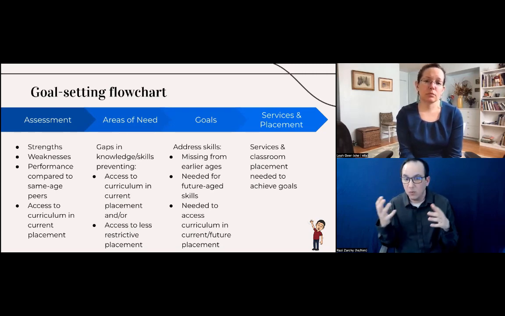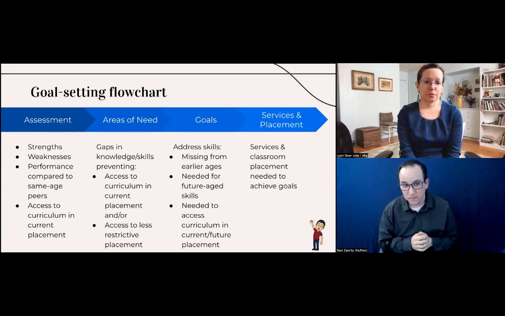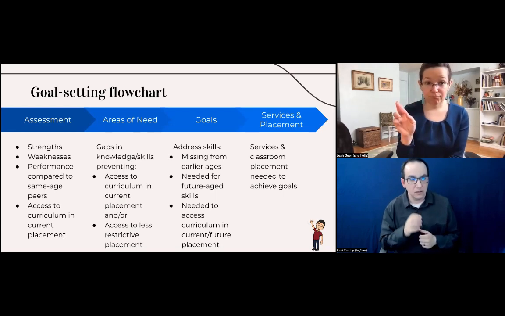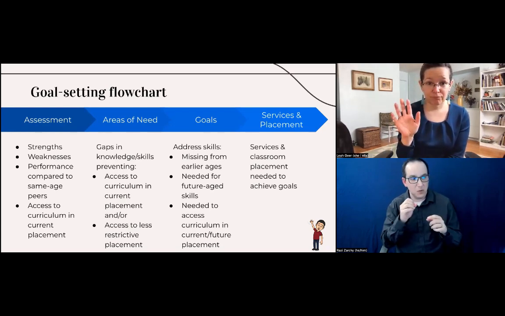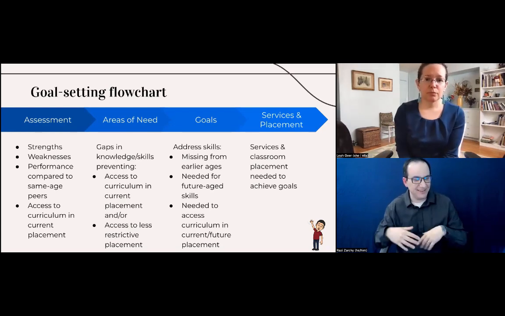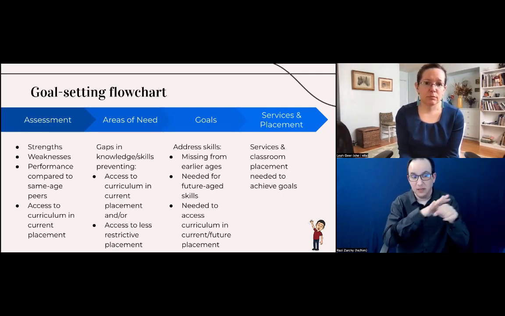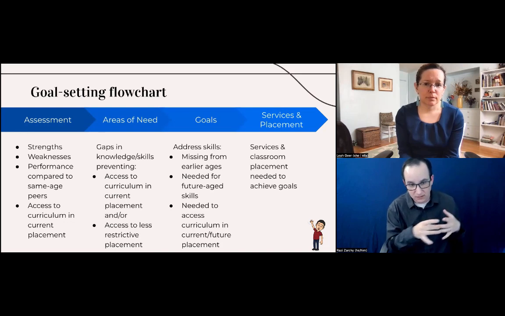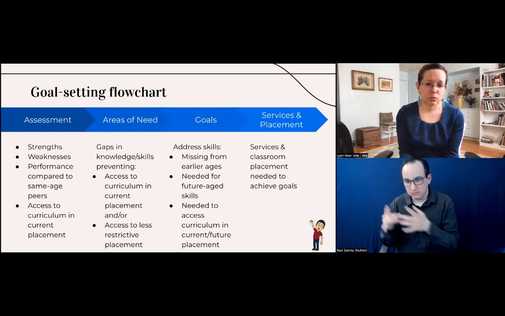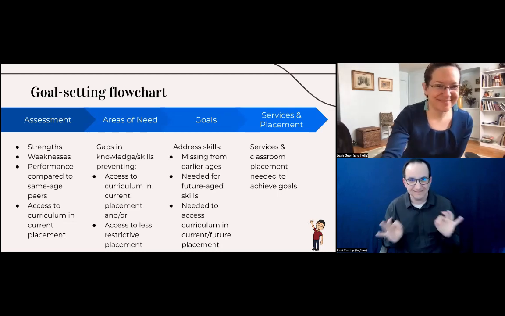So we choose those services and that placement based on what this student needs to achieve the goals that we've set. That last one almost, and then we'll move on. So from assessment, we're determining the areas of need, which will then help us establish goals, which then we'll be able to pick the service and placement needed for this student.